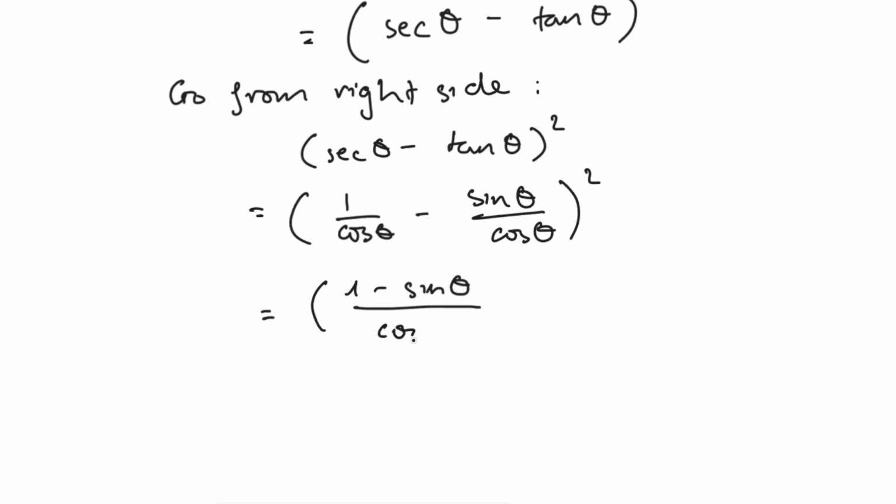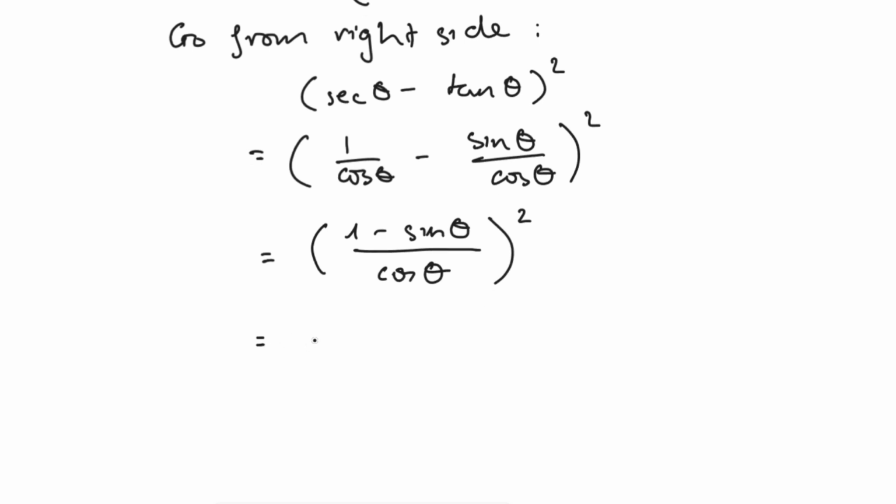Sine over cosine, all square, is equal to, I don't know how to say it, but we will distribute the exponent 2, so this is equal to 1 minus sine, all square, over cosine square theta.